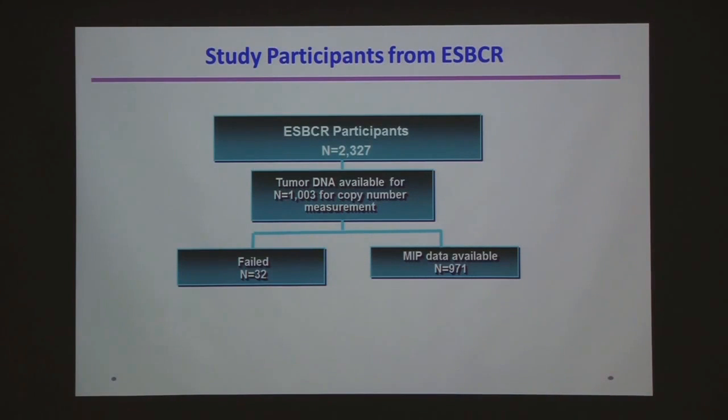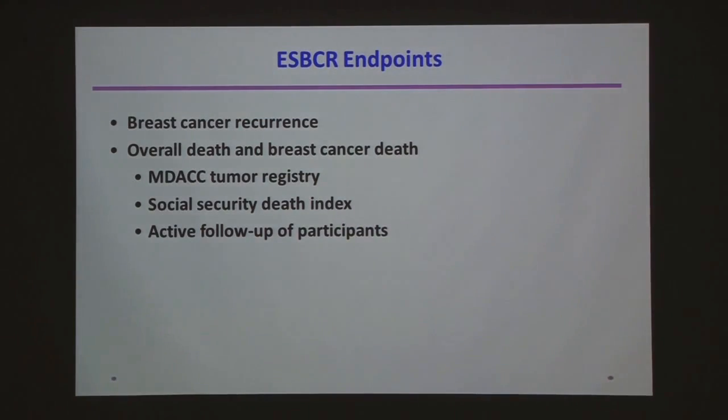Then we went to our tumor bank to identify matched samples so that we could have clinical data and the tumor samples to be able to run the arrays that we were going to be measuring copy number. And when we ran them with the Oncoscan, 32 of the samples failed, and we ended up with about 971 patients in our study.